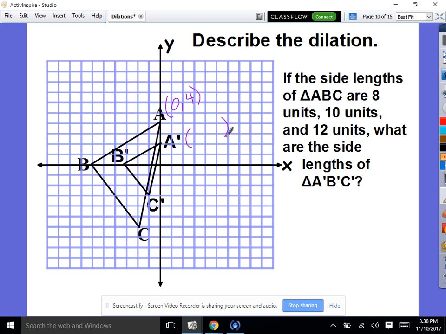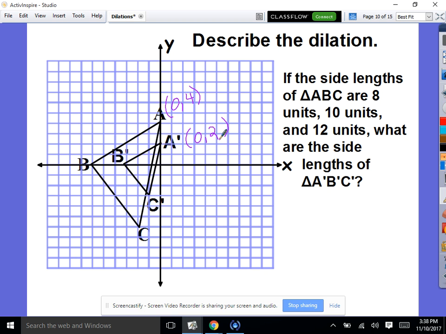A prime is 0, 2. So what do you think this scale factor is? What can we multiply A by to get A prime? And then we'll check it on the other vertices. So we would have to actually multiply by a fraction because it's getting smaller. So 4 times 1/2 would give me 2.